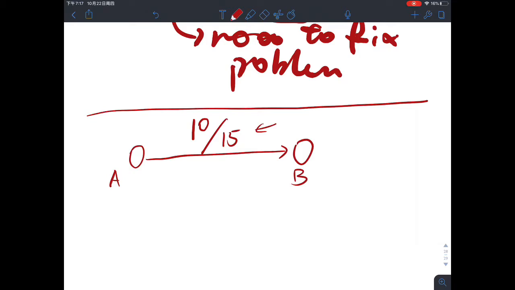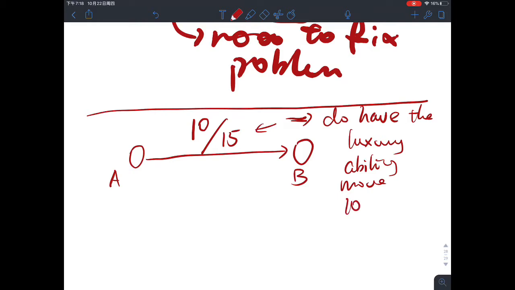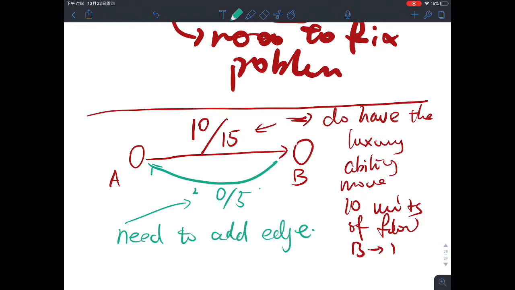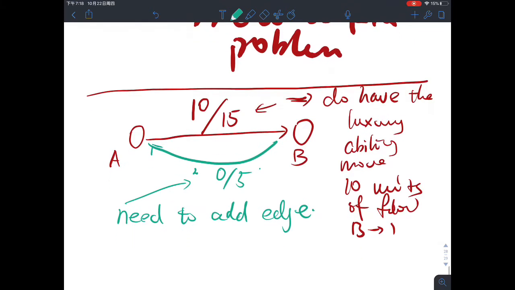That basically means that we do have the ability to really move 10 units of flow from B to A. So that means that we need to add a reverse edge that has 5 units of capacity, right? This is how we actually fix the residual graph, right?